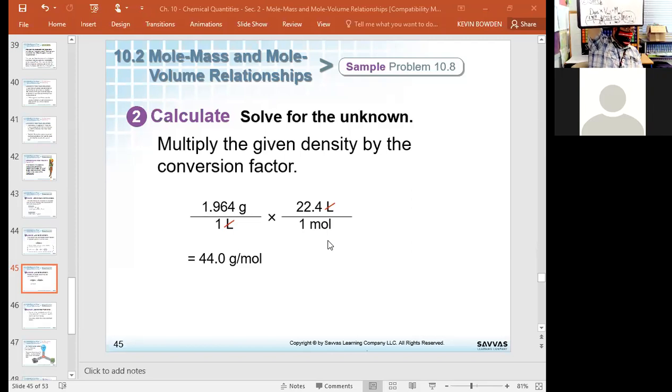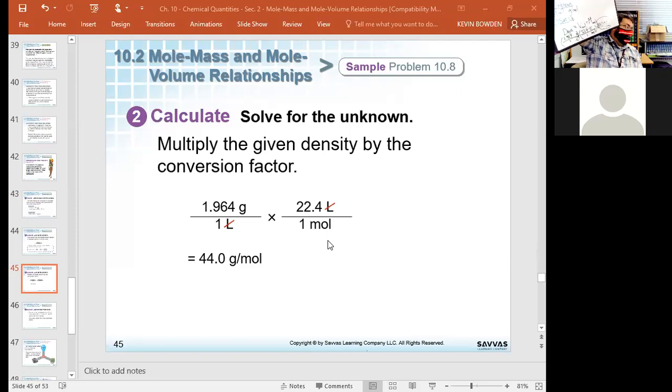Significant figures, yes. The density has 4, so is the answer 44.0? It's limited by the 22.4.